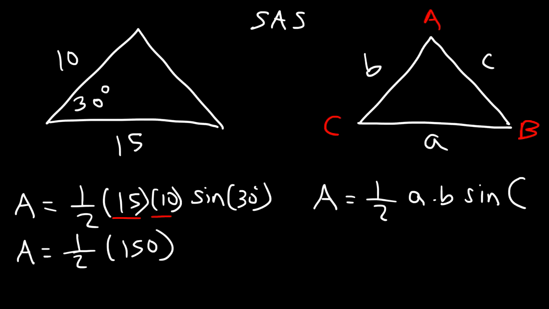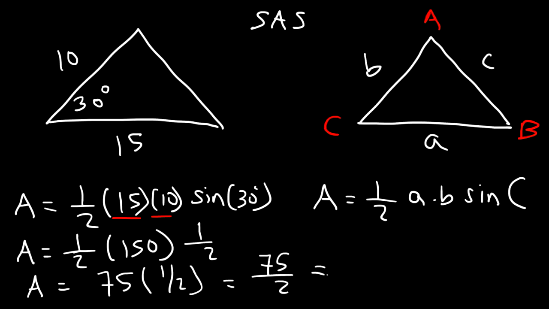If you type it in your calculator, make sure you put it in degree mode. Sine 30 is 1/2. Now 1/2 of 150 is 75. So now we have 75 times a half, which is 75 over 2, or you can write it as 37.5 as a decimal. So that's the answer for this example.